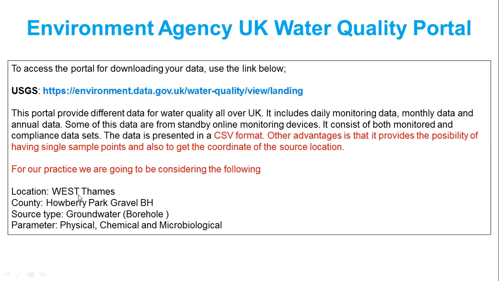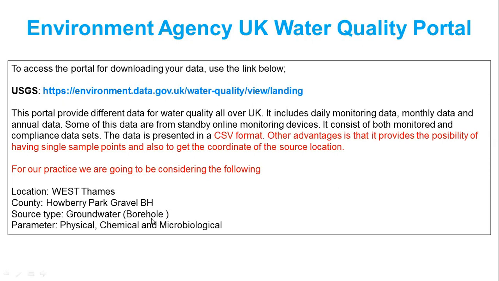We are going to be considering this area, West Thames, and then we have the site, Harbury Park Gravel BH. That is just the short form, because it's actually long, but I just use this. And the source type is groundwater, and then we have a borehole. You're going to see this when I open the portal and we dive into the analysis.